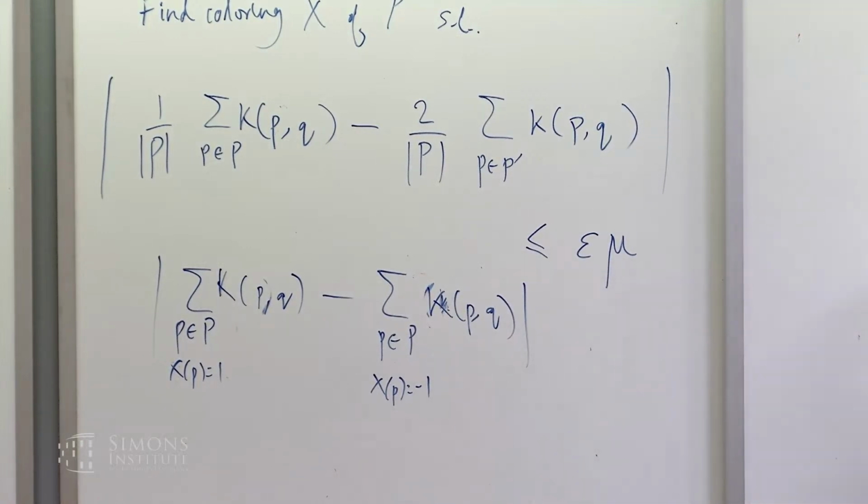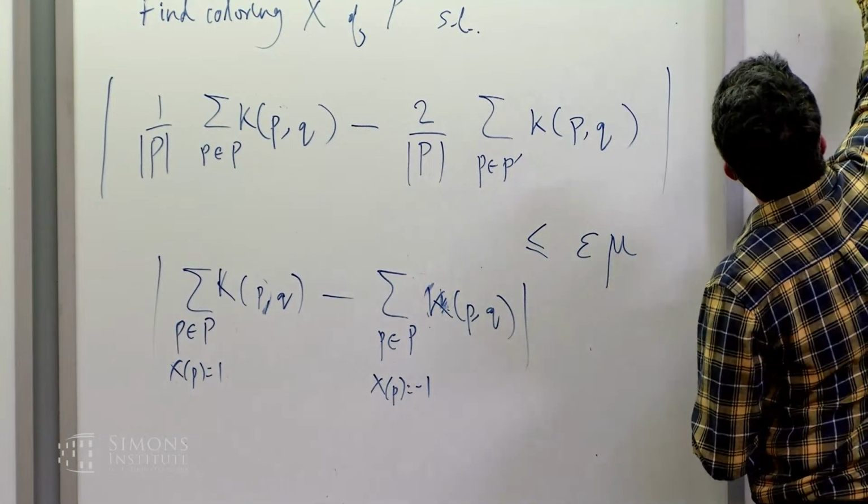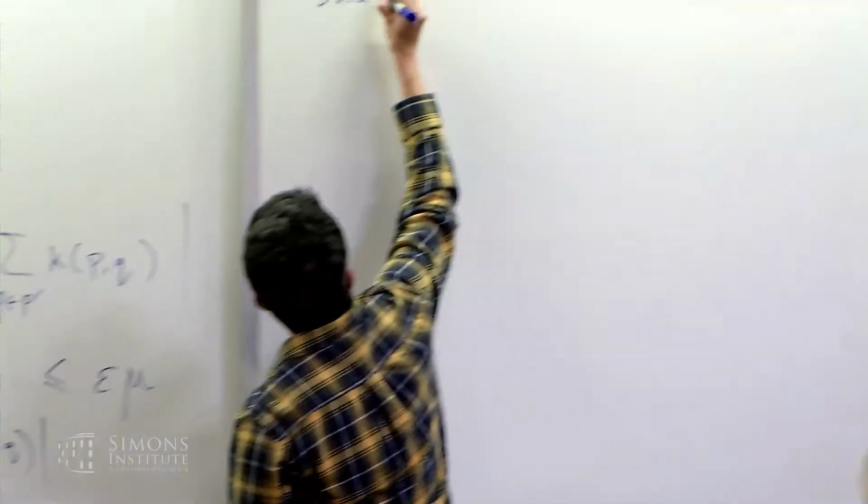So what do you need for this discrepancy to work? I mentioned that there is a theorem due to Banaszczyk.